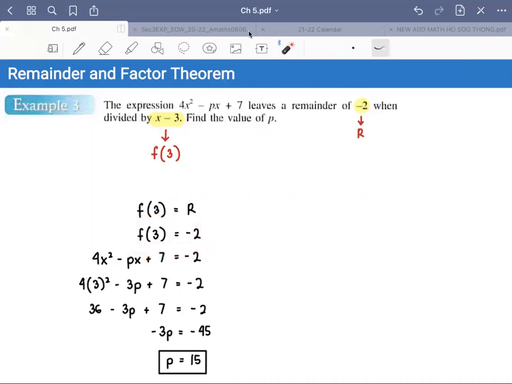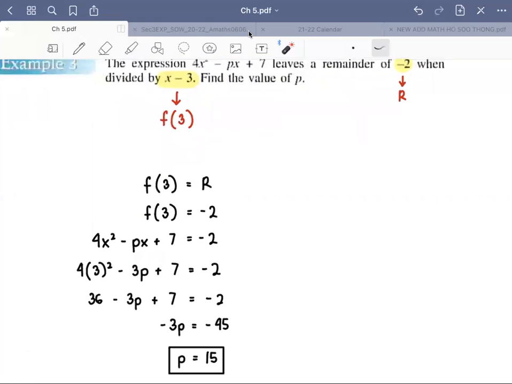With that, we need to use this expression and plug in f of 3 inside the value of x. That's why, look here, class, I wrote 4x squared minus px plus 7 again.